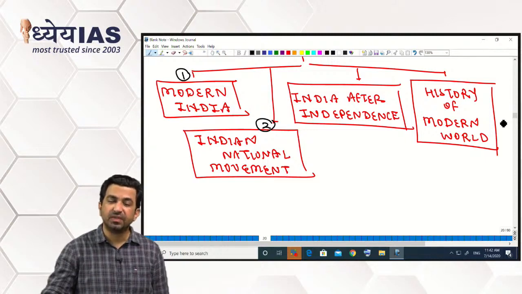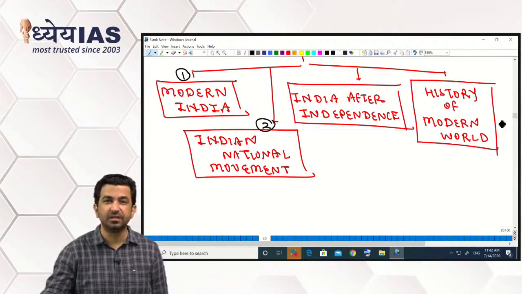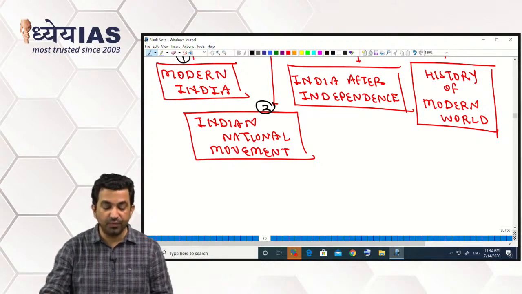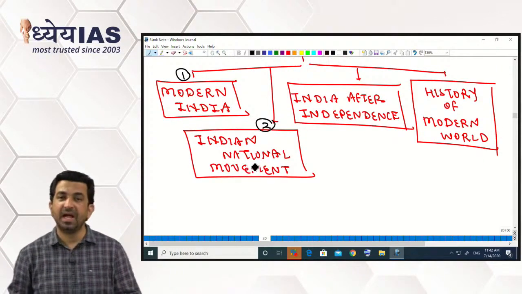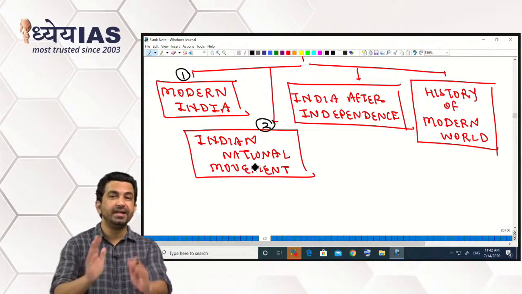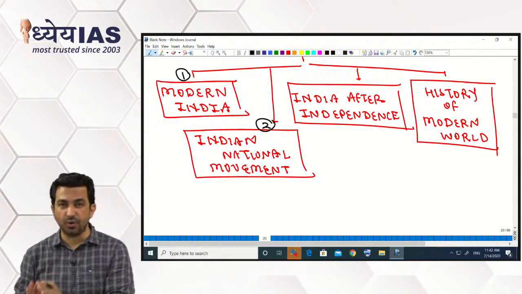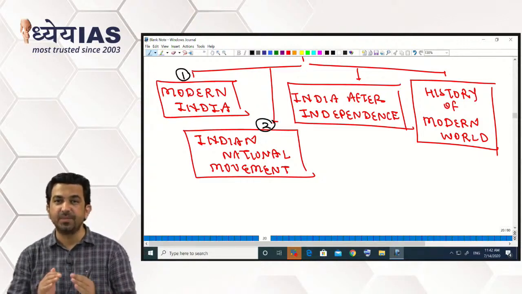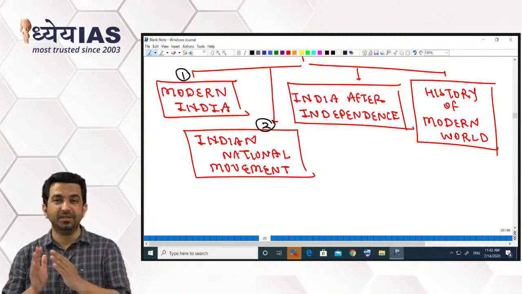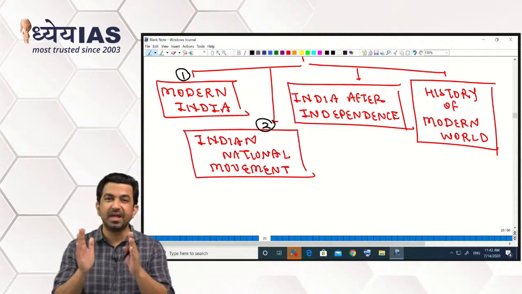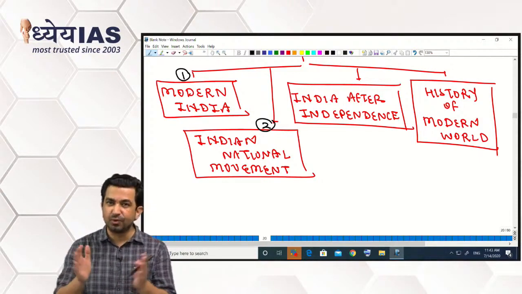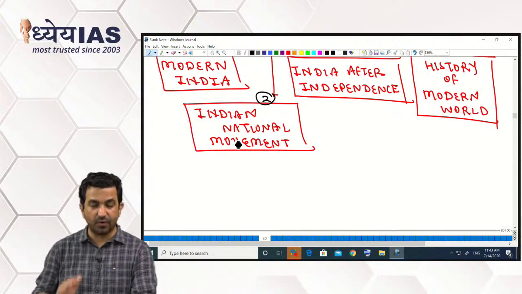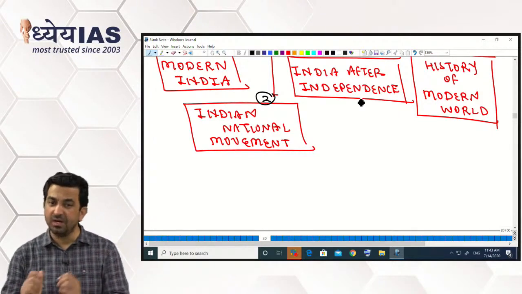The syllabus of this paper is highly scattered, so we have to organize it. The syllabus provided by the Union Public Service Commission appears to be highly fragmented and scattered, so we have to organize our syllabus, first modern India and Indian national movement, followed by India after independence and history of the modern world.